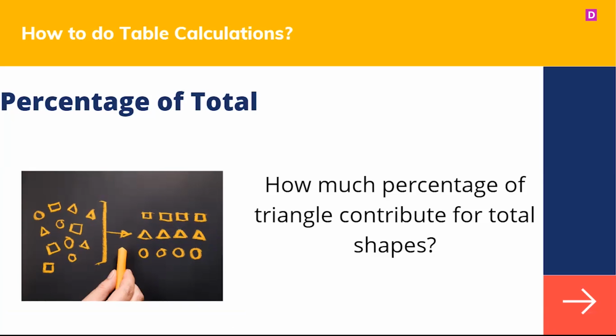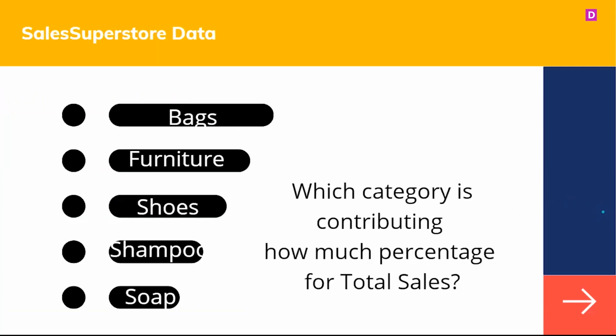However, this is the same concept which is used when you want to make use of the percent of total in your superstore example. Now superstore consists of multiple items. The items that may be available in your superstore could be a bag, furniture, shoes, shampoo and soap.